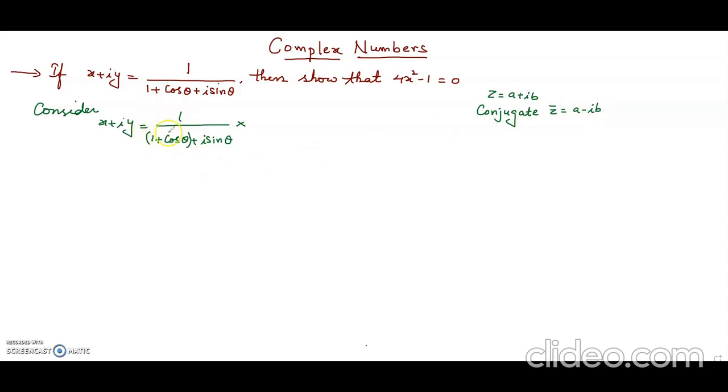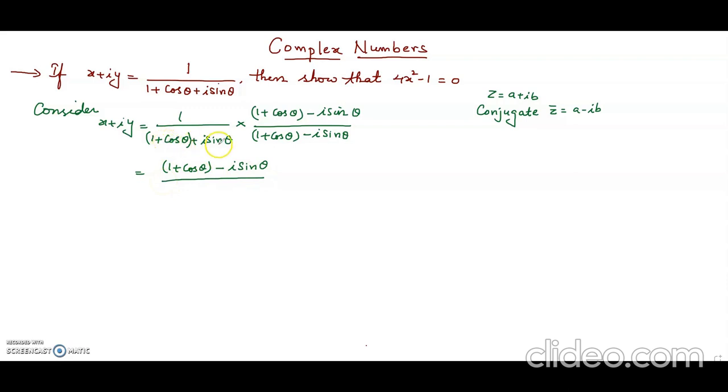So in order to bring the right hand side in standard form, we have to multiply and divide with the conjugate of the denominator, that is 1 plus cos theta minus i sin theta by 1 plus cos theta minus i sin theta. So the numerator is now 1 into 1 plus cos theta minus i sin theta, when we multiply both the numerators.